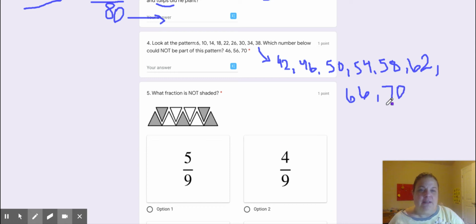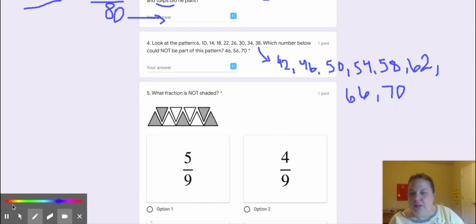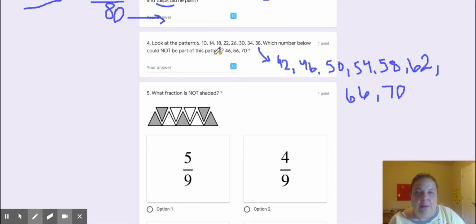I'm going to stop at 70, and I'm going to change this color real quick because I want to know which of these I'm not going to name. Well, 46 is right here, so I do name that one, and 70 is where I ended. But 56 is not in here, so 56 was the answer to number 4.